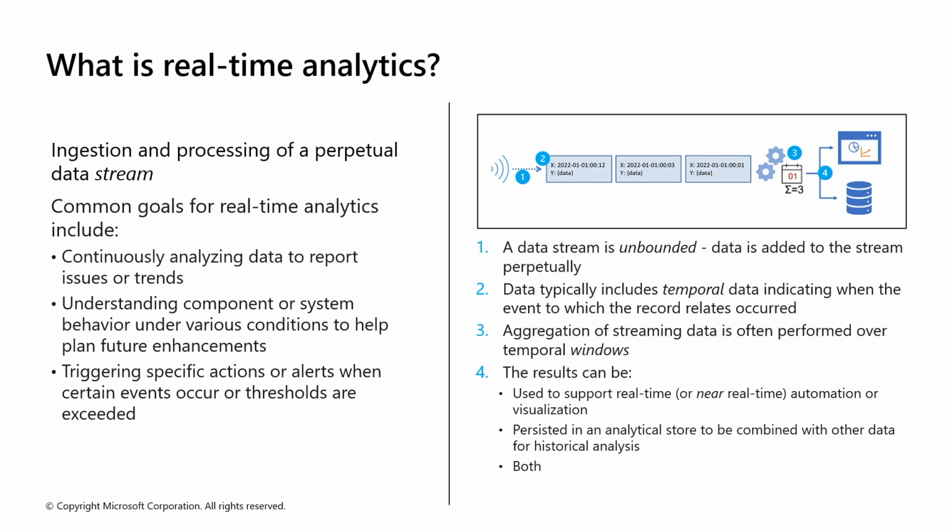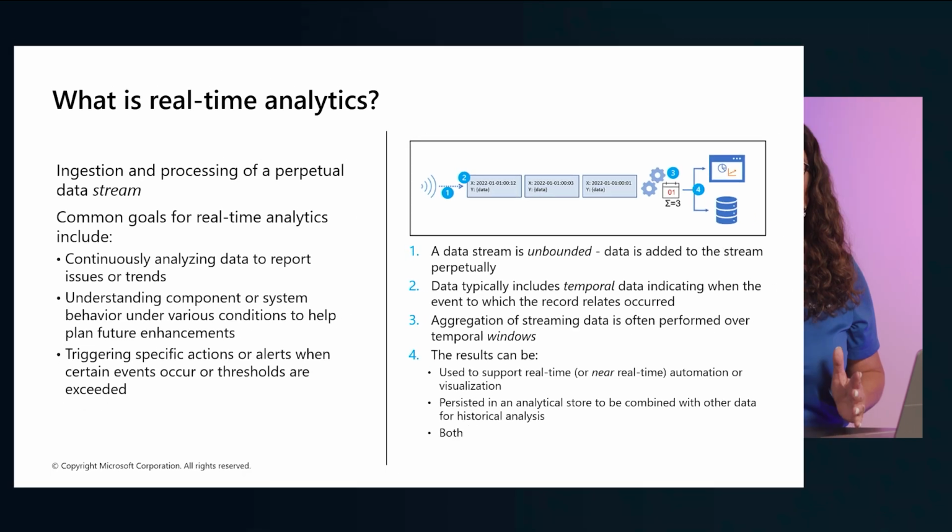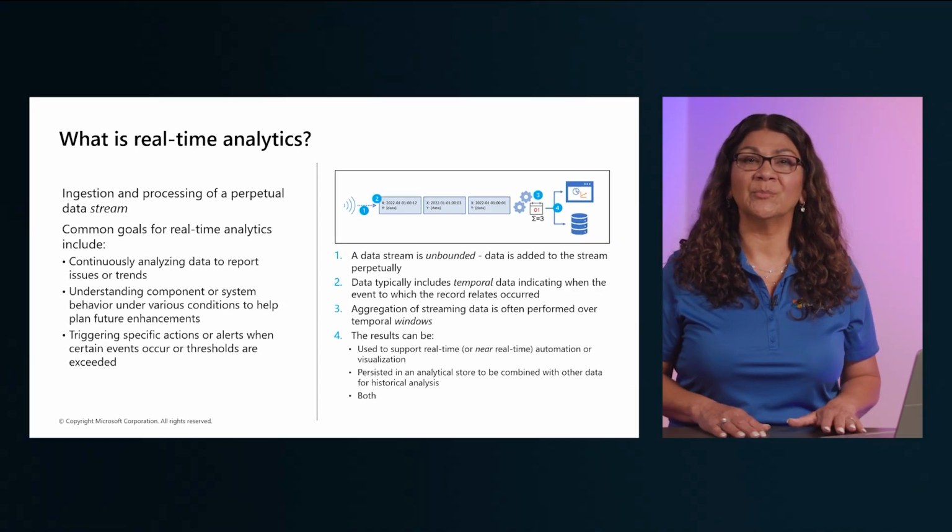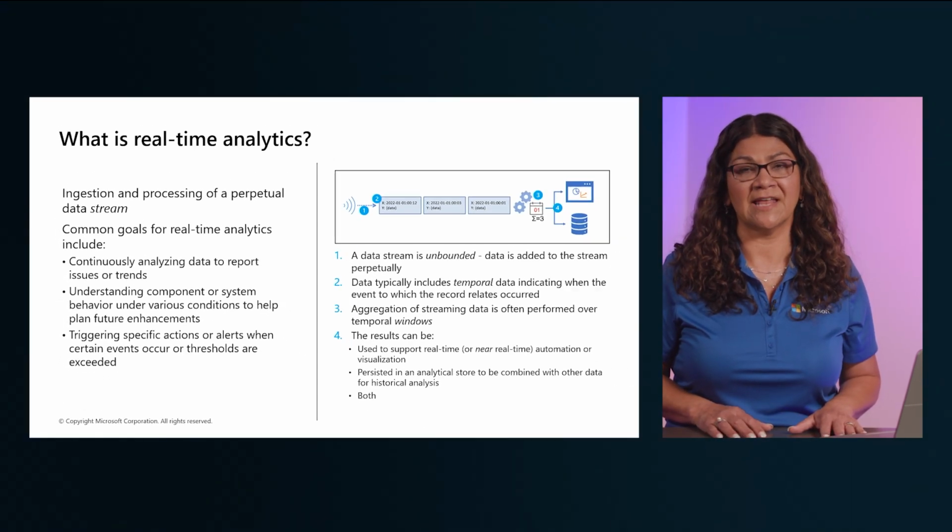Another example, a marketing organization may perform sentiment analysis on social media messages to see if an advertising campaign results in more positive comments about the company or its products, or an agricultural business might monitor trends in temperature and rainfall to optimize irrigation and crop harvesting. All of these scenarios and more can help you get the most from your streaming data.